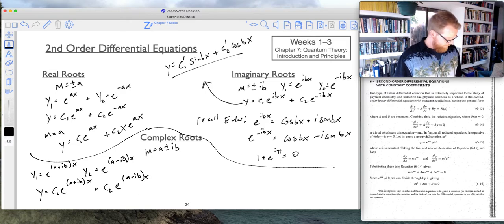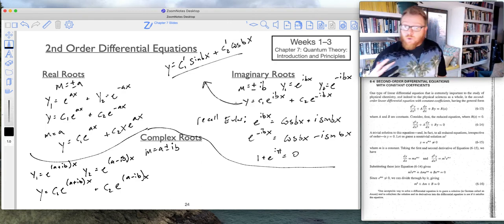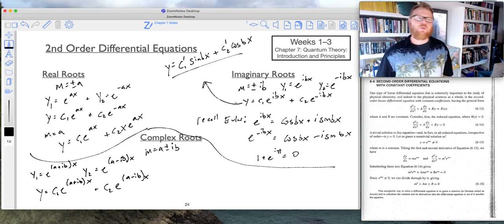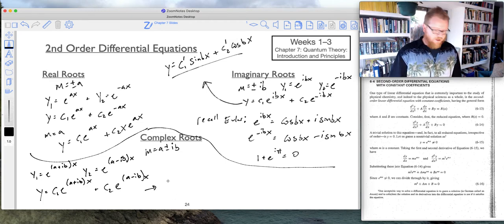And the way that this would shake out if we used Euler and got this in terms of sines and cosines, which is more useful for a wave function, I'll give you the general solution.